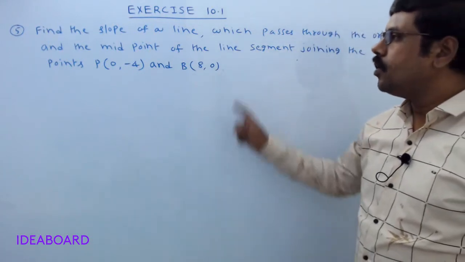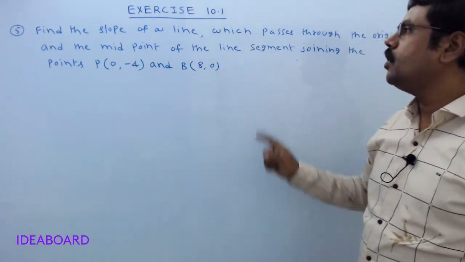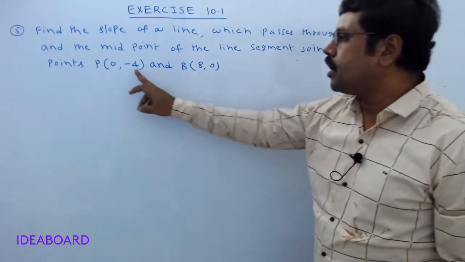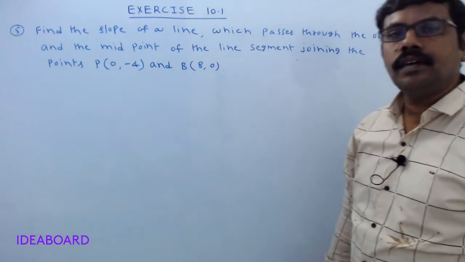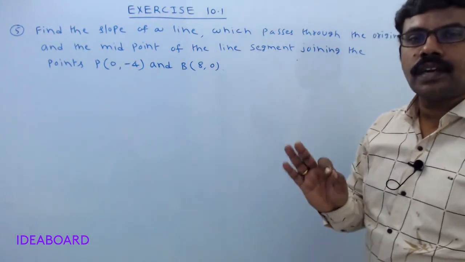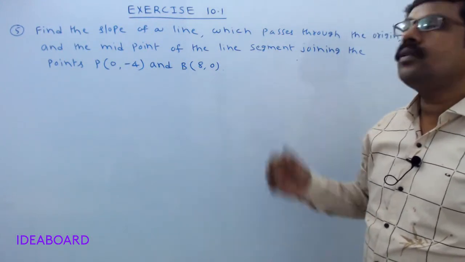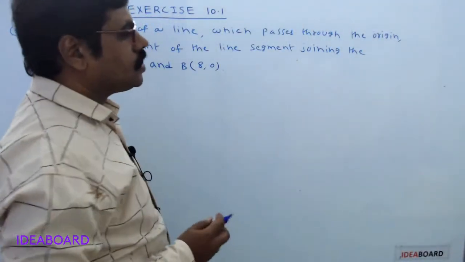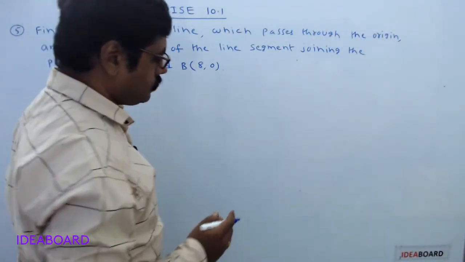See once again, find the slope of a line which passes through origin and midpoint of line joining the points P and B. First draw a diagram related to given data. Now draw a rough diagram. First draw the coordinate axis.